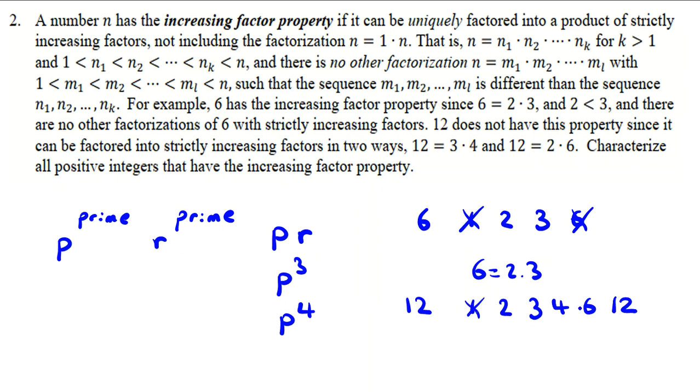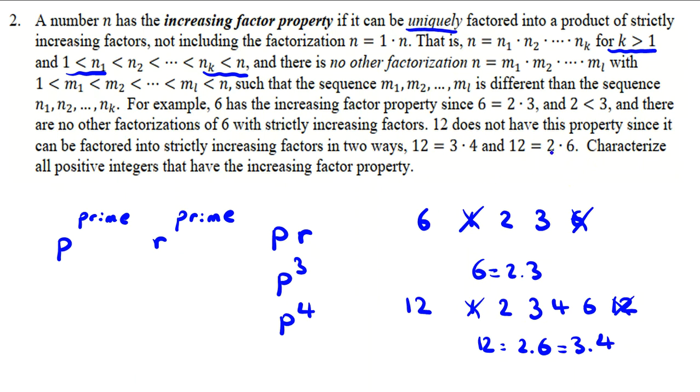And as you can see, we can't select 1 and 12 because of this condition, and also you should select at least 2, k is greater than 1. So one way you can say 2 times 6, one way you can say 3 times 4. So 12 doesn't have the increasing factor property because you can write it in 2 ways. It must be unique. So 12 doesn't have the property, but 6 has the property.